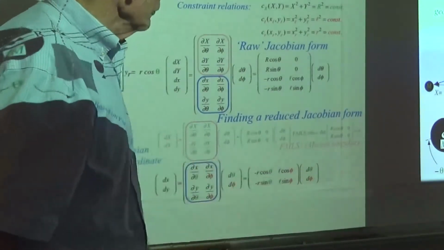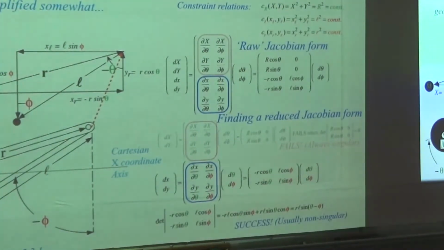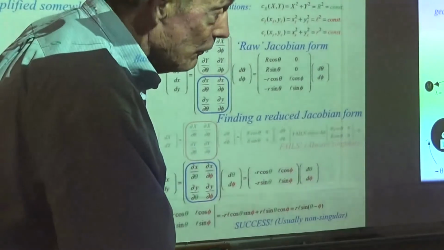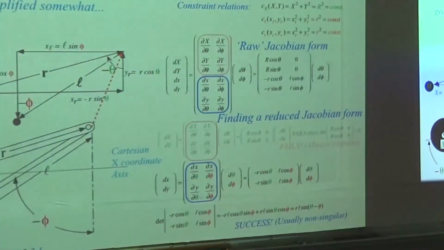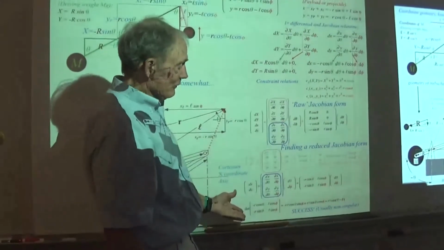This is what we have to do in order to get this thing to work. Now this thing isn't always non-singular. It's usually non-singular. So we can say that this is a successful choice for a Jacobian to take us to the mechanics. All of the Lagrange equations and all that kind of stuff we're going to derive today. Got to get this first.